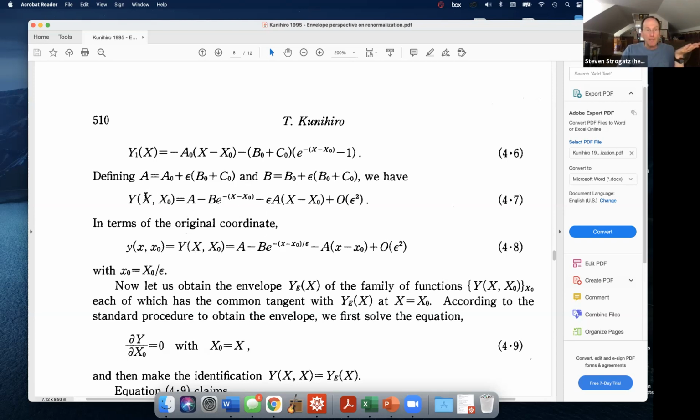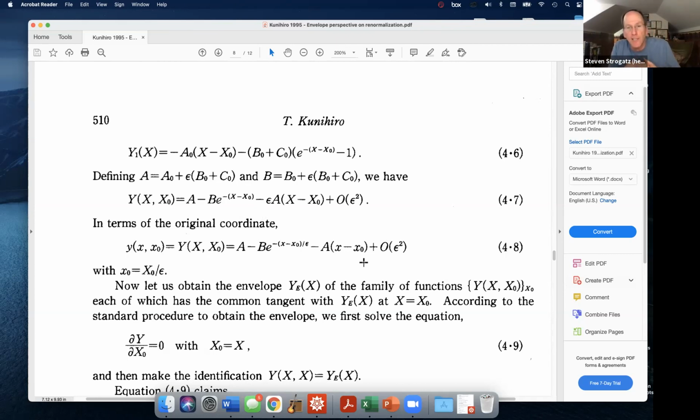So anyway, he goes then back to the original variable little x and says, we're getting a solution that looks like a constant, a, another constant. Notice that this, of course, we've got this inner looking term, e to the minus x0 over epsilon. And then this sort of secular looking thing, a times x minus x0.